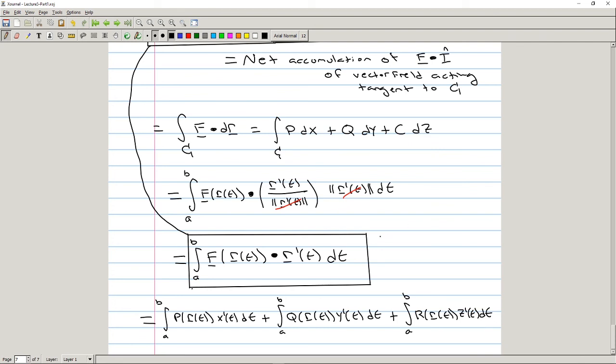So we'll see in some examples how to use this, and how one of the most important concepts that we're going to be able to consider is the concept of what's called being path independent. So this is going to be one of the huge ideas that is going to be very, very important to us.